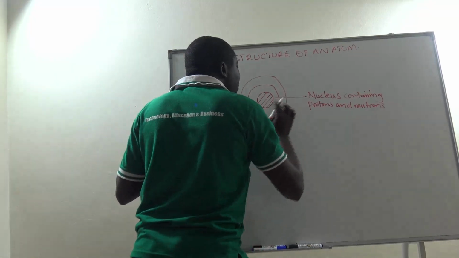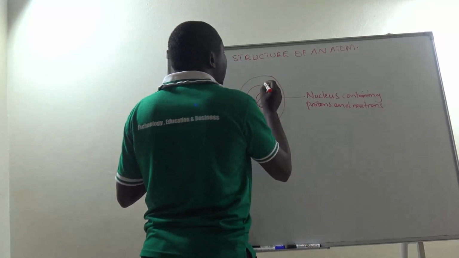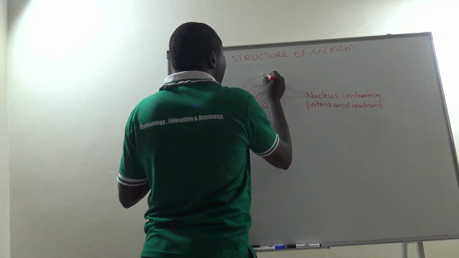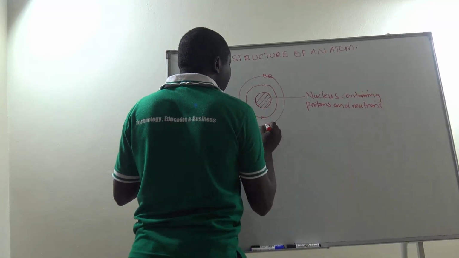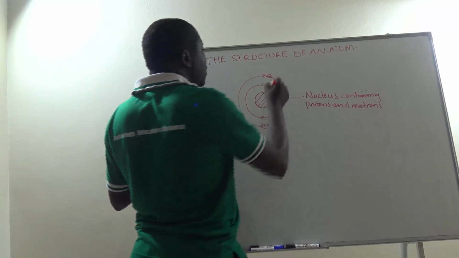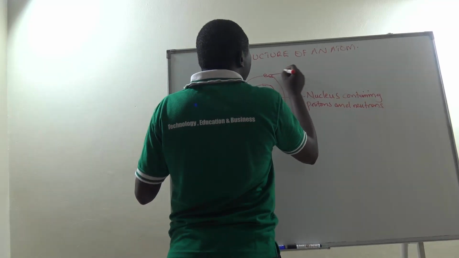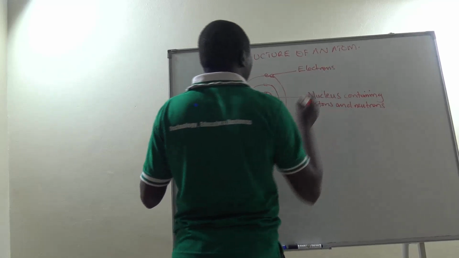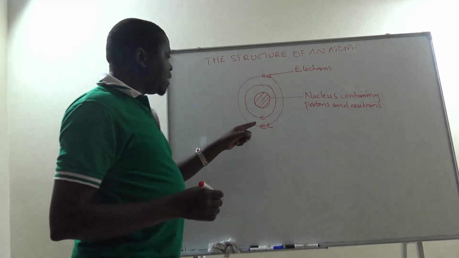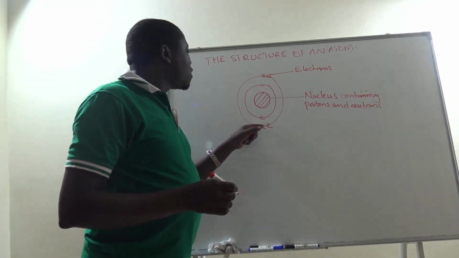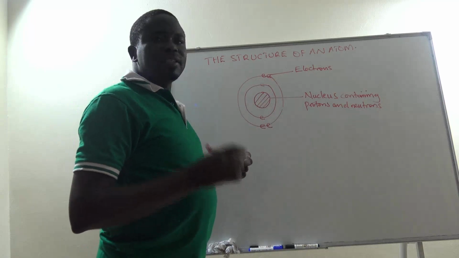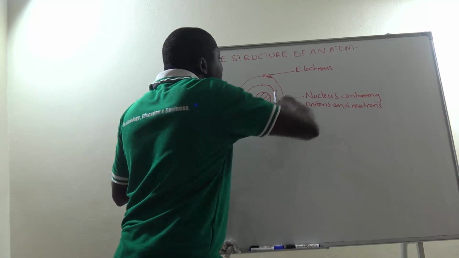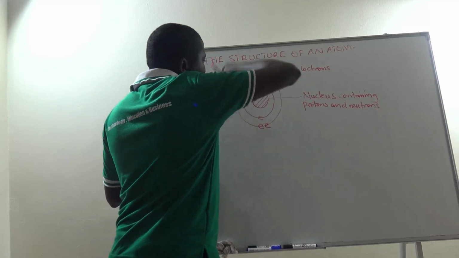Now, outside the nucleus, we also have some particles. Those particles, we are going to represent them by letter E. These particles are called electrons. And these circles here, or the concentric lines we have drawn here, stand for the paths which these particles take when they are moving right round the nucleus.